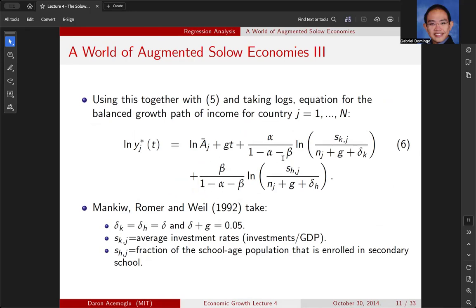Now, to make sure that the coefficients you get are the consistent ones which approach the correct value, you have to say that each element in this regression, A bar, g, s_K, and s_H, are in a sense independent sources of variation or growth, right?